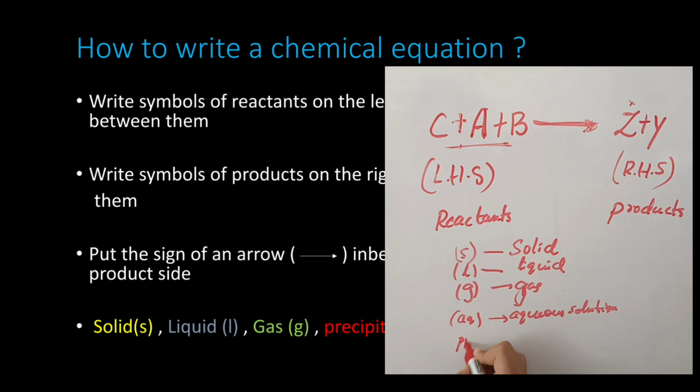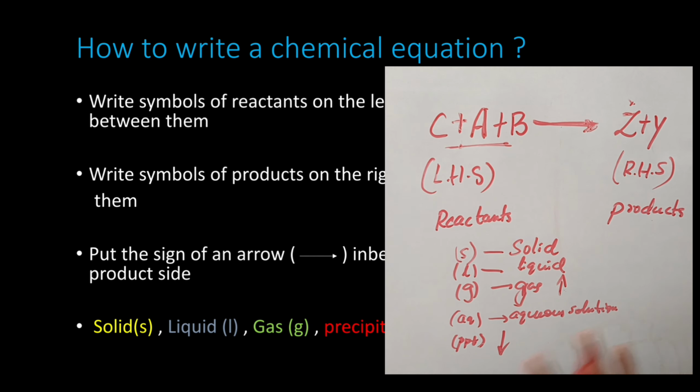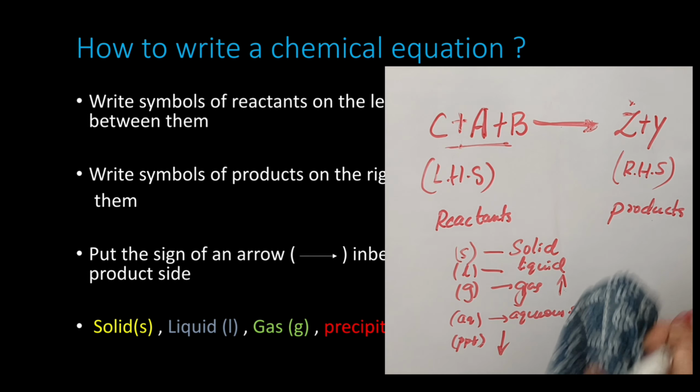And there's PPT for precipitate, and precipitate can also be shown by a downward arrow mark, and gas can also be shown with an upward arrow mark. These are the few terms that we use while writing a chemical equation.